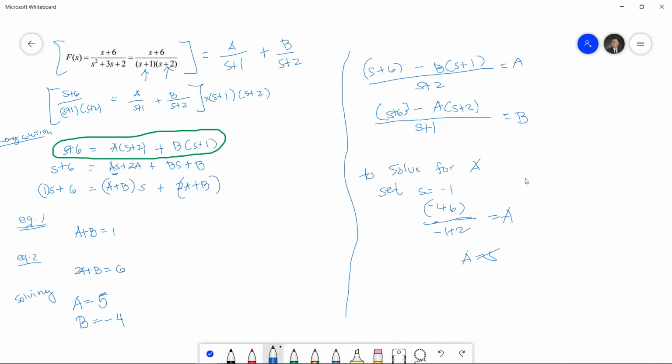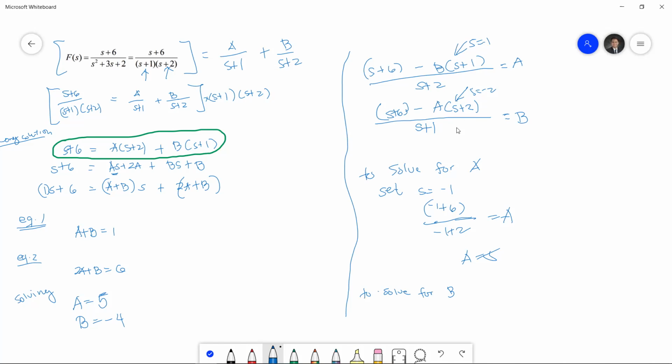Okay? Then, to solve for B, same concept. Set mo yung any value of S na magpapasiro sa term na to para maging 1 equation, 1 unknown na lang. So, ano bang magpapasiro dito? Diba dapat yung S is equals to negative 2? If we set S equals to negative 2, magiging 0 to. If we set S equals to negative 1, magiging 0 to.